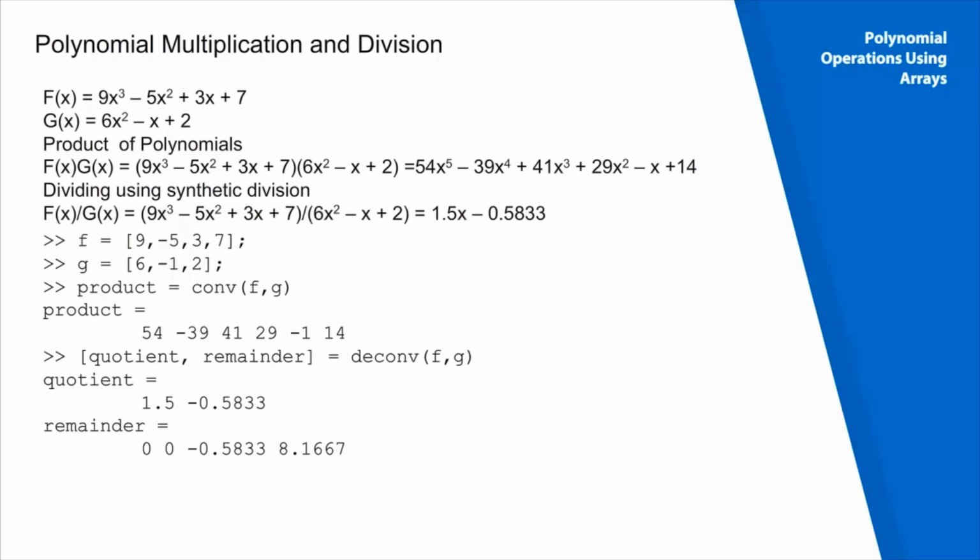Using the function conv, we will pass f and g and we will get our product coefficients as 54, minus 39, 41, 29, minus 1 and 14. Similarly, we will divide using deconv and we will get a quotient and a remainder. The quotient we get is 1.5 and minus 0.5833, similar to what we got earlier, and the remainder we get is minus 0.5833 and 8.1667. So this is how basic multiplication and division works for polynomials.